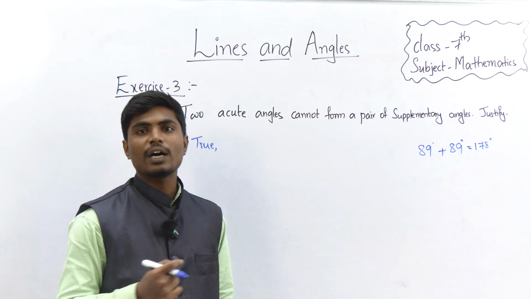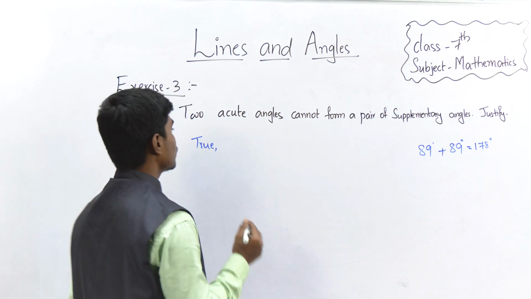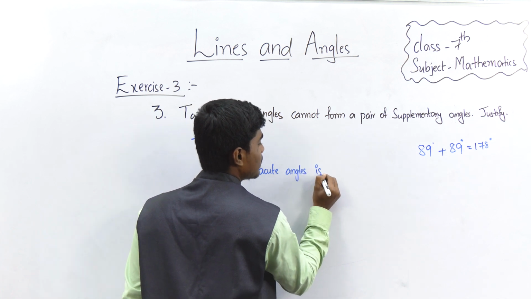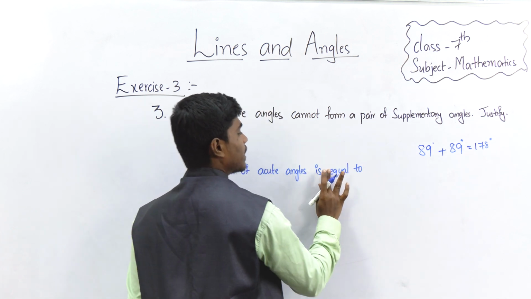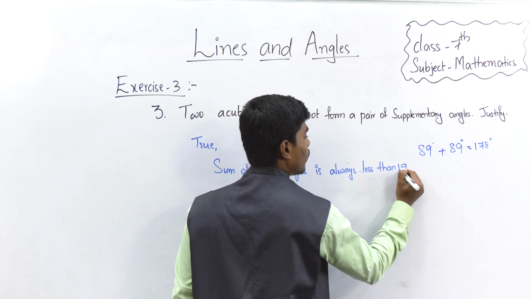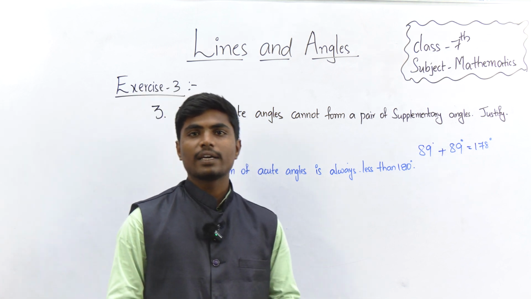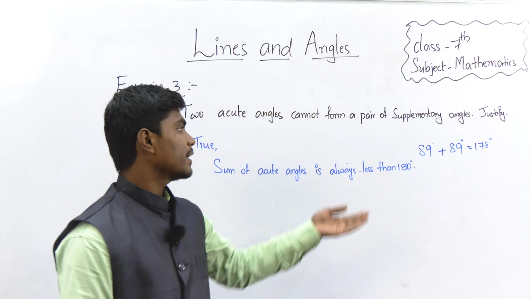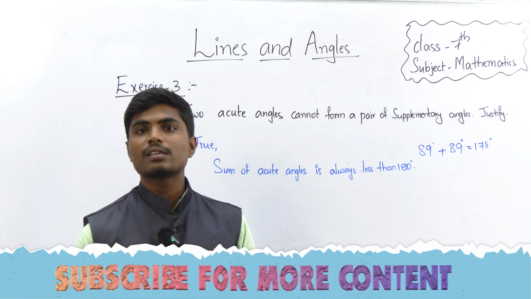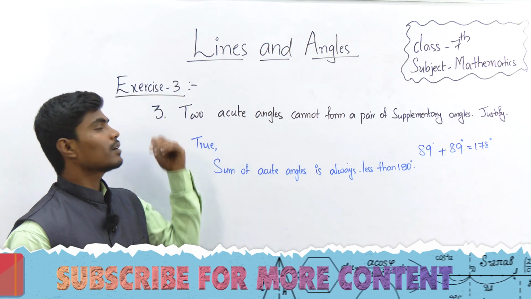So the sum of two acute angles is always less than 180 degrees, because the sum of supplementary angles should be equal to 180. So this is the solution for the third problem.